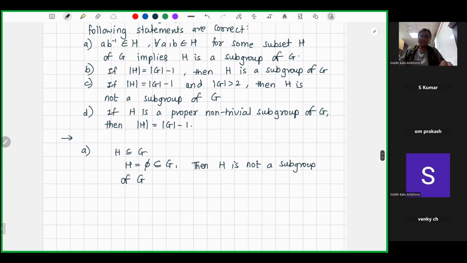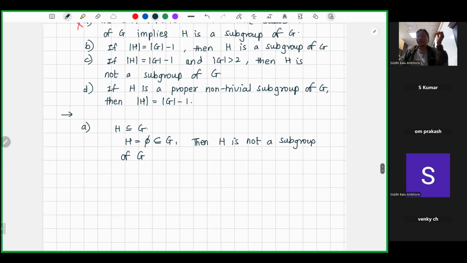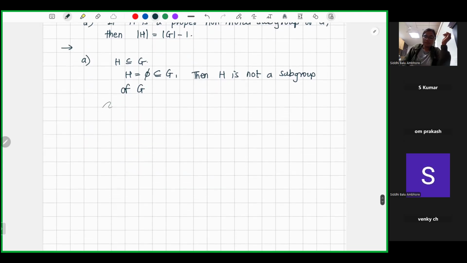So that's why this statement here is not true, because here they have not said that H is a non-empty set.